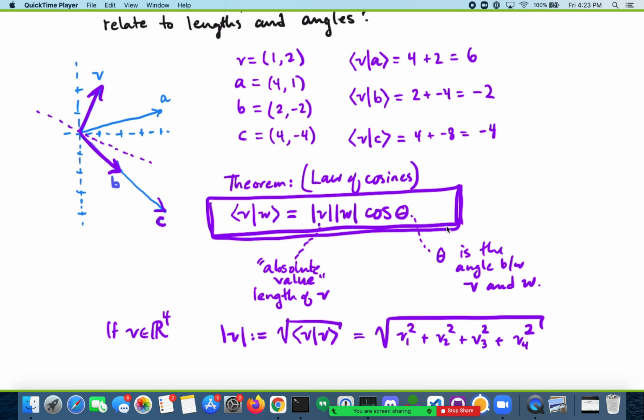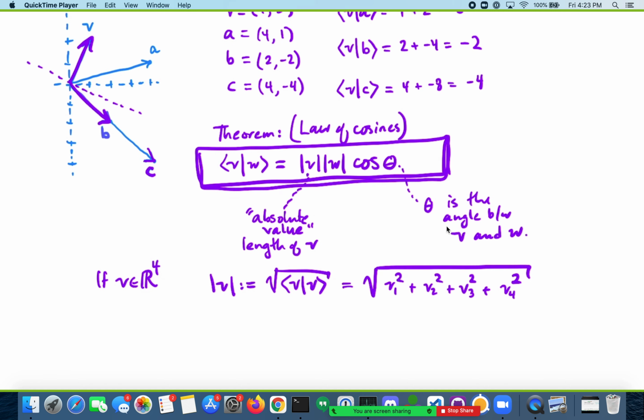So the length of a four-dimensional vector is the square root of the sum of squares of its components. This is the definition of length of a vector, even in 4 dimensions. We could do 18 dimensions. This is going to be the sum of squares, square root.